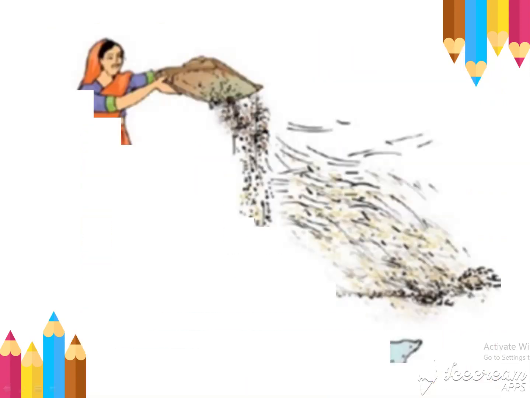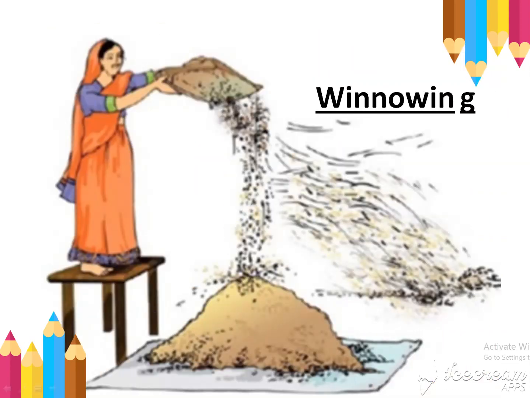And winnowing involves the separation of the grains from the chaff. Chaff is the dry outer covering of the grain. So the process of separating the grains from the chaff is called winnowing.